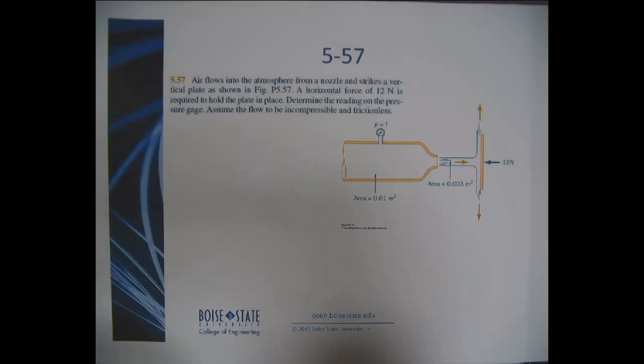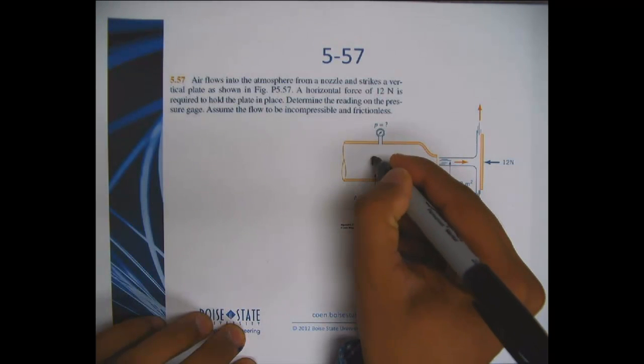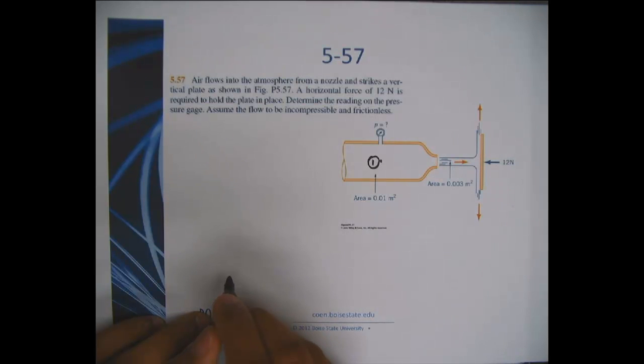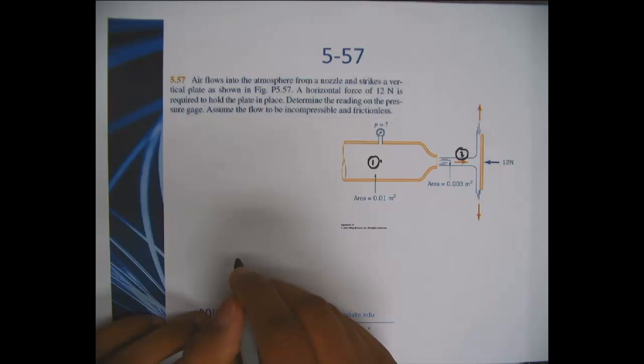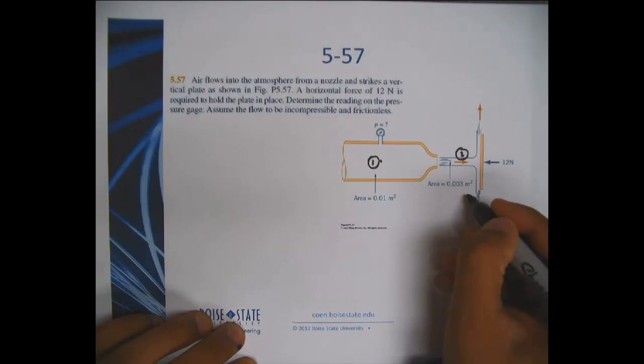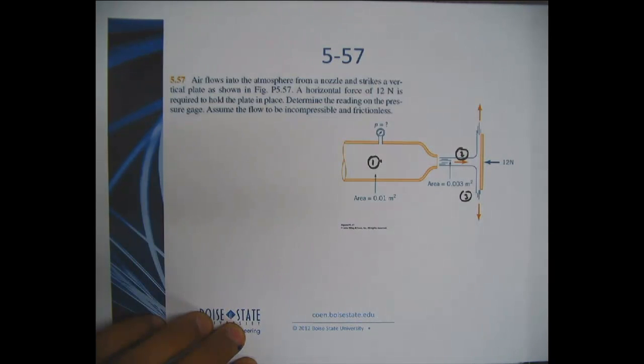Okay, so let me represent a point here in the flow field as 1, a point in the free stream as 2, and a point here as 3.